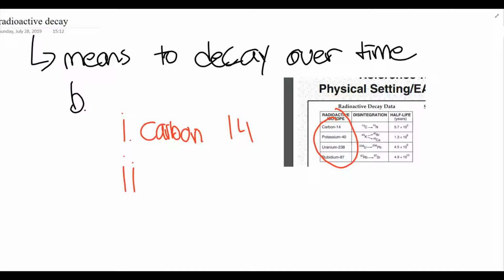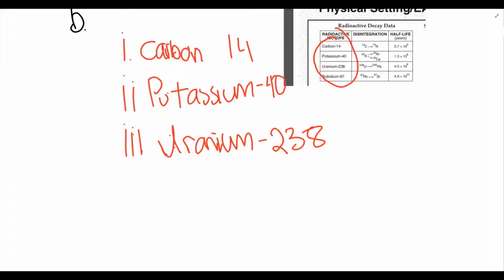The second one is potassium. Third one is uranium. And the last one on this list is rubidium-87.